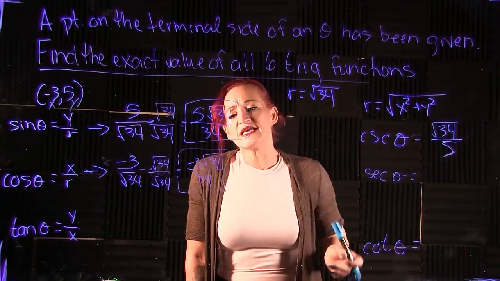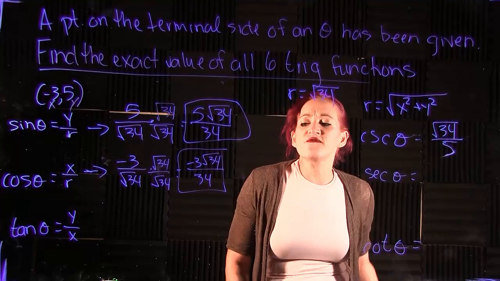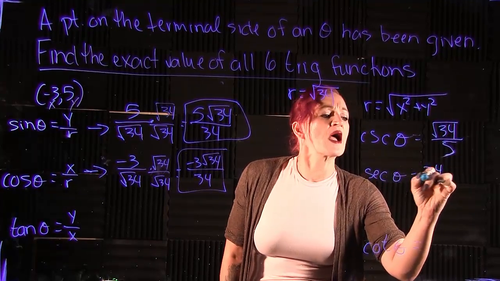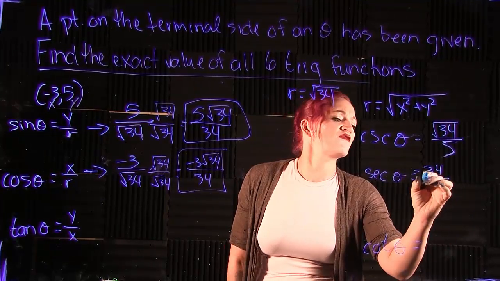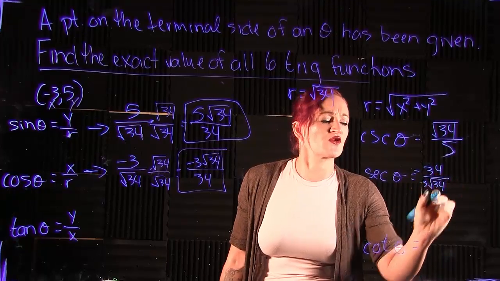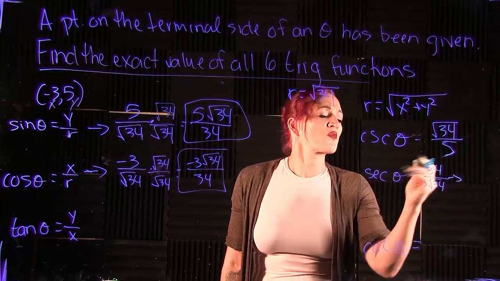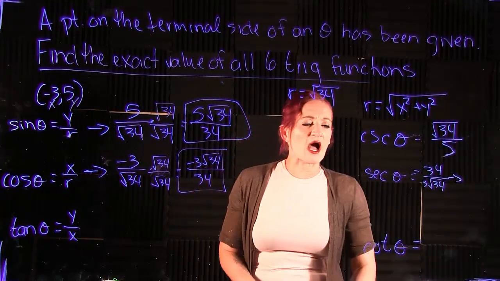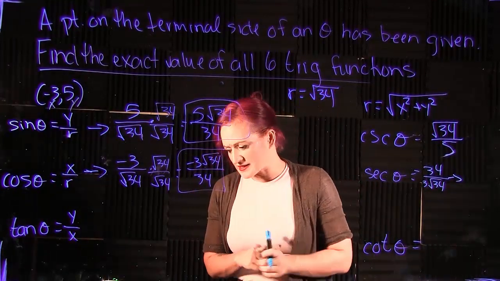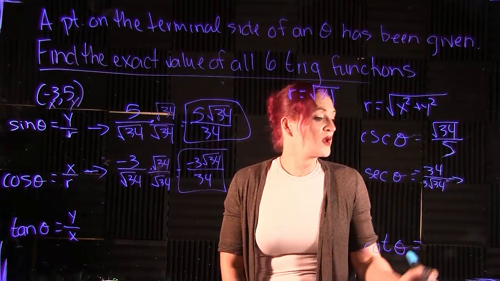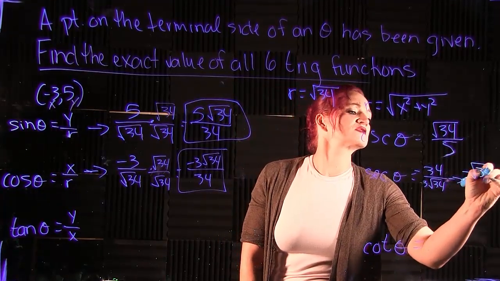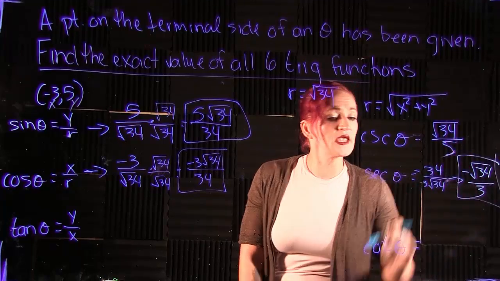For secant of theta, we will take the inverse of that. We flip that around, which gives us negative 34 over 3 square roots of 34. But once again, with a radical in the denominator, you need to rationalize that. Throw it in your calculator or simplify it by hand. For secant, we are left with negative square root of 34 over 3 as our simplified radical.